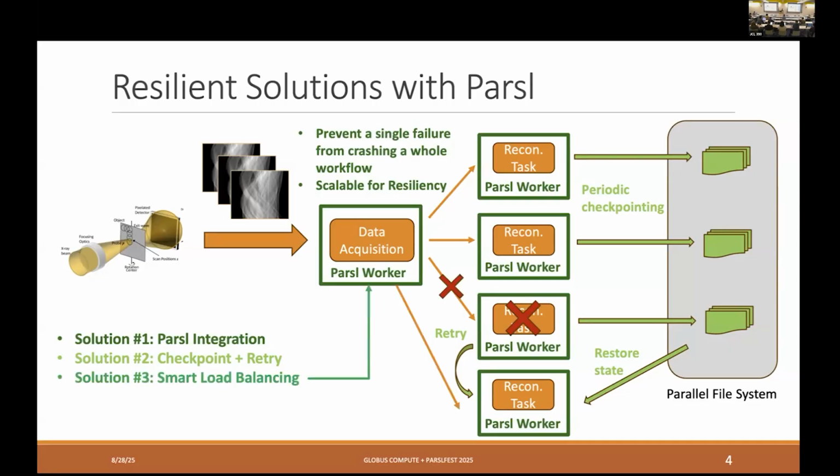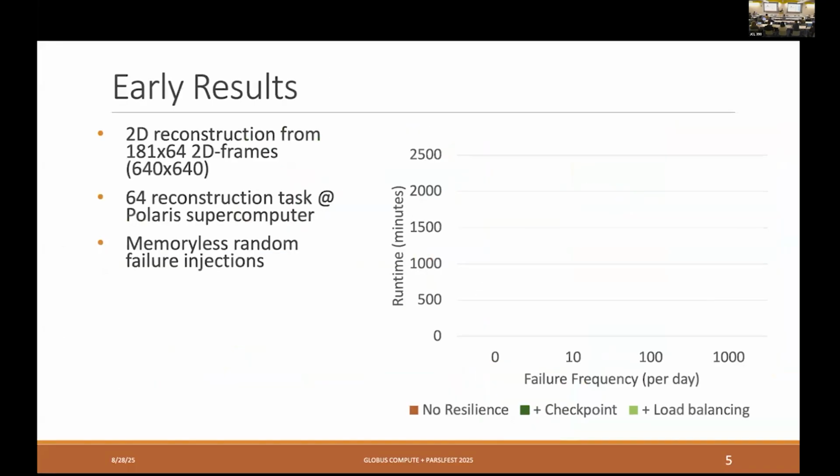We also implement smart load balancing inside the data acquisition, so that every time new workers restart, they can rebalance the load amongst the surviving tasks and the new tasks, so that the new task will not take a lot of load and will not slow down the overall execution time of the whole workflow.